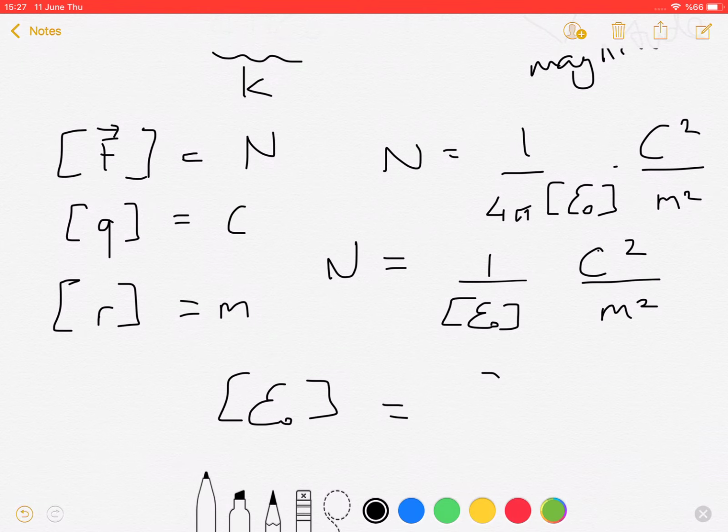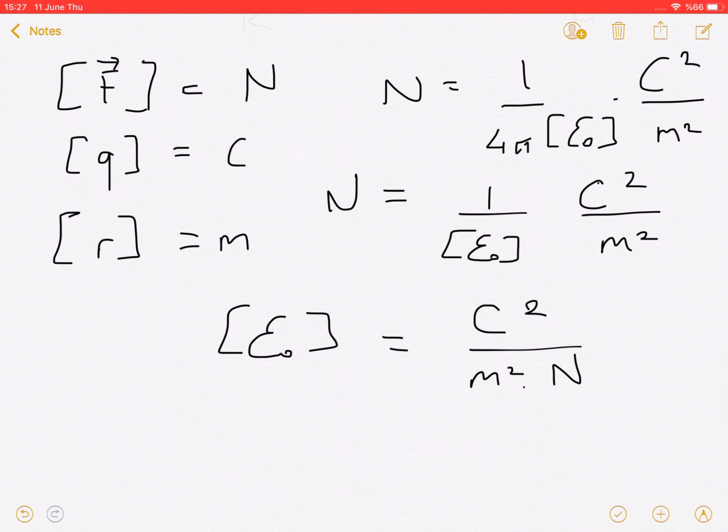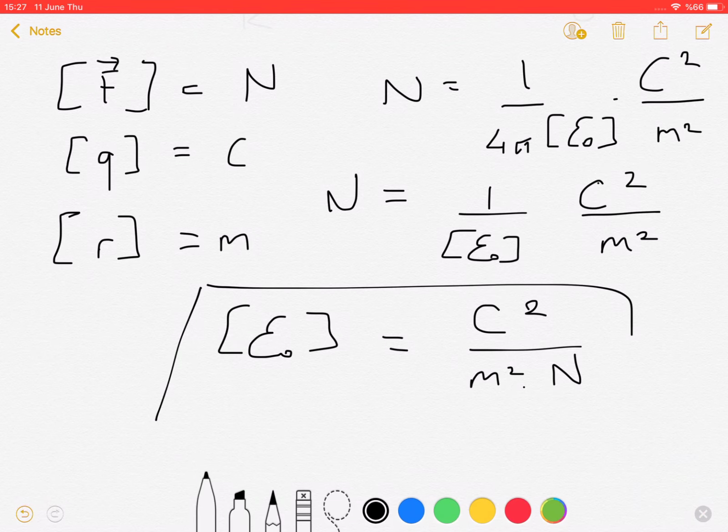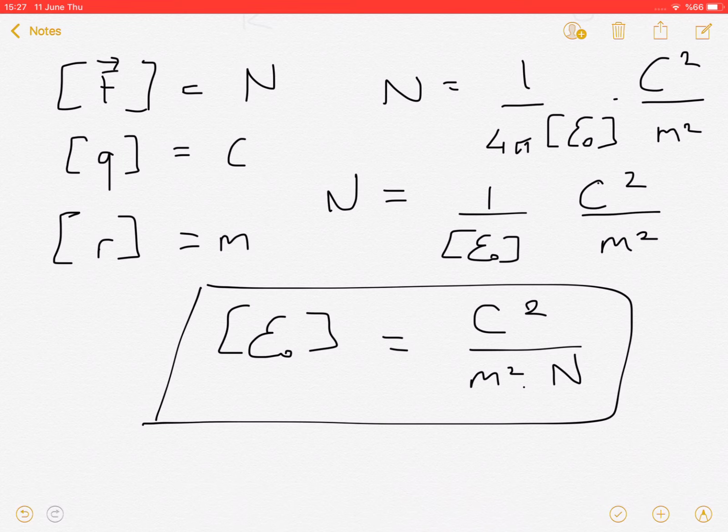It equals Coulomb squared divided by meter squared times Newton. We will call this unit of epsilon 0 something different later. But now you should know this and stick with it, and you should always check after your calculation, for college students and high school students. It's quite important.